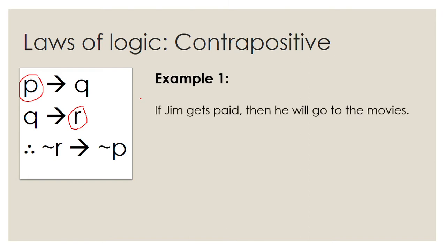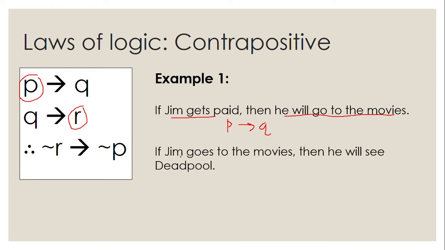Here's an example of that. If Jim gets paid, then he will go to the movies. So Jim getting paid, we're going to call that P. Then he will go to the movies. We're going to make the movies Q. Okay? Then it says if Jim goes to the movies, so that's Q again, then he will see Deadpool.